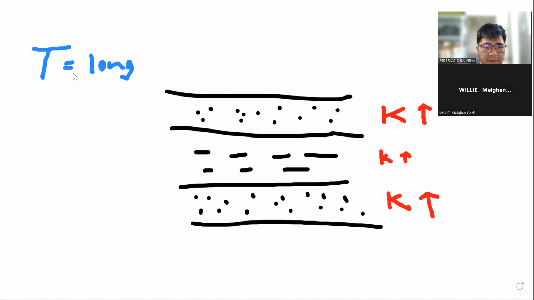Okay. Let's consider a flow going parallel to the bedding plane. Okay. These pink lines are the groundwater flow. And notice how the flow paths can actually take up different layers in which they can flow.